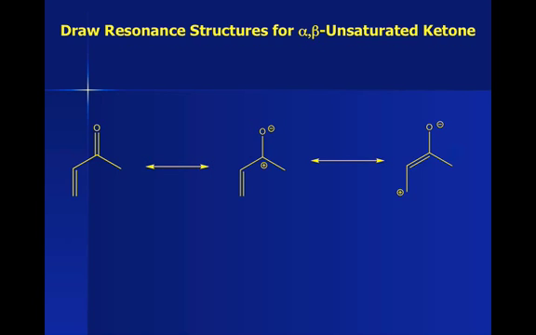So now, thinking about it, if you're a nucleophile, there's two places you could react. You could react at the carbon of the carbonyl, or you could react where? At that beta carbon, right, that I have a positive charge drawn on in this resonance structure. Okay? I call this carbon the Michael carbon.